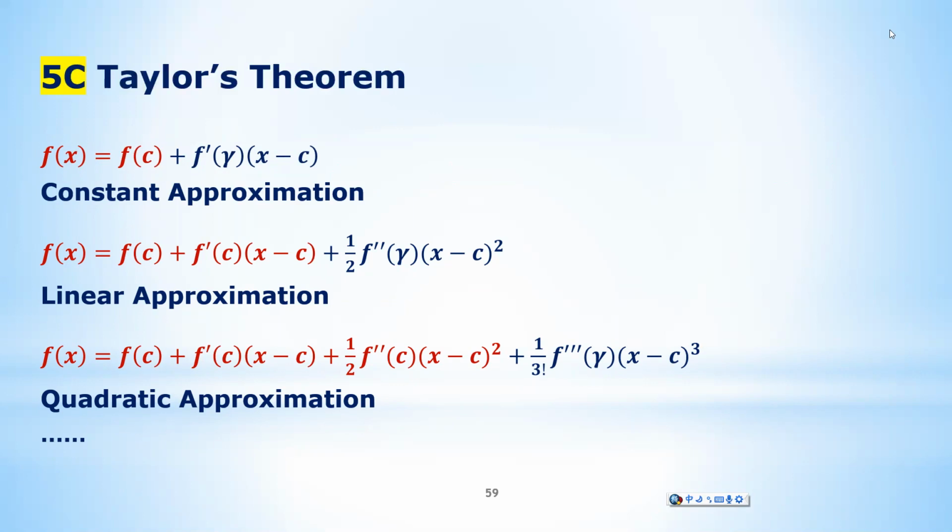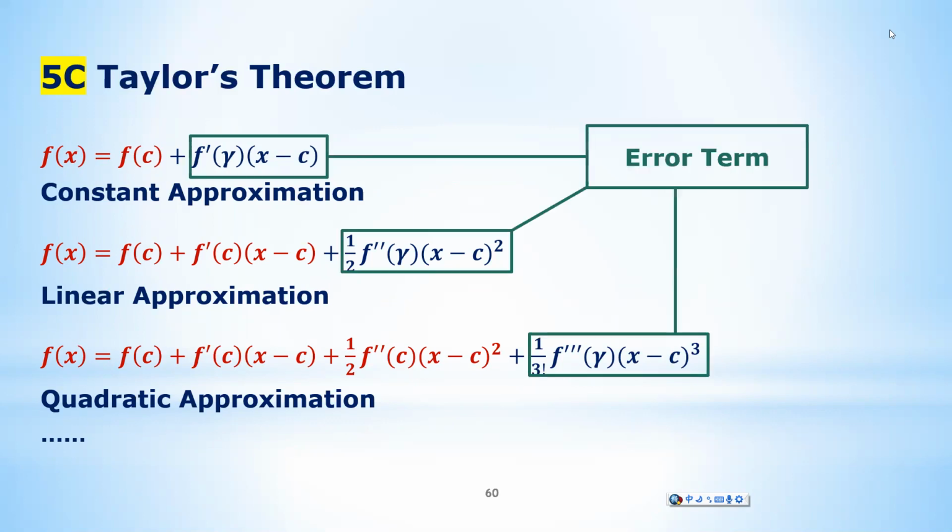Every time you have a higher order polynomial, what we're doing here is using a polynomial to approximate the function f with a certain error. So in all these approximations, you can see there's an error term involved here. Okay, so this is the Taylor theorem.